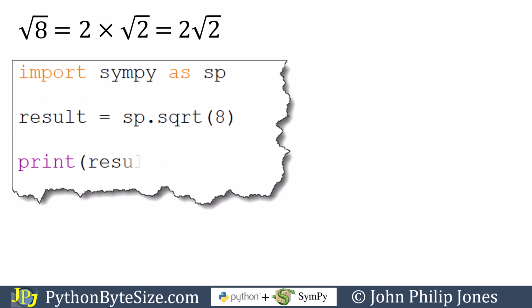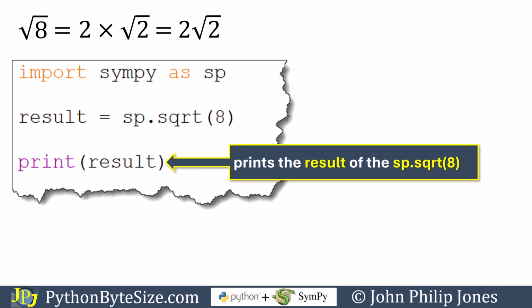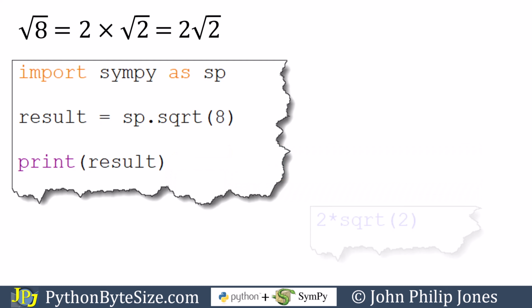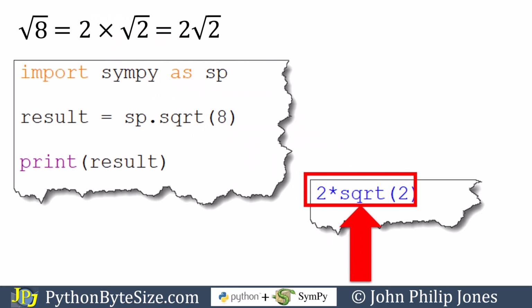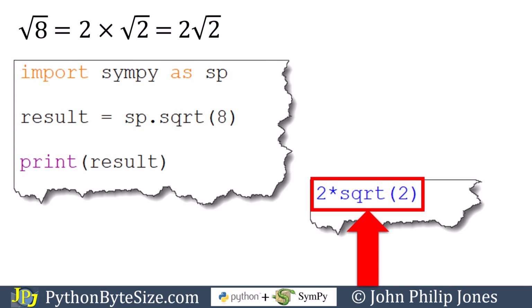The next line will now print the result, and you can see the runtime coming into view now. Let me draw your attention to this, which is 2 times the square root of 2. You can see that the result from the program is 2 times the square root of 2.